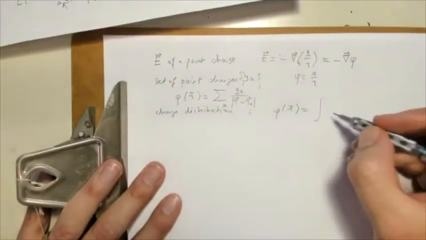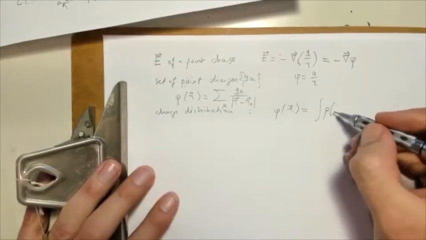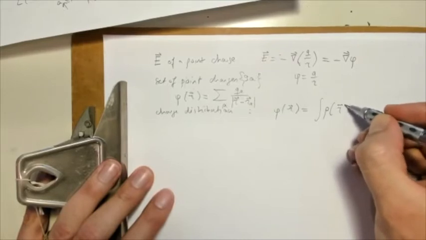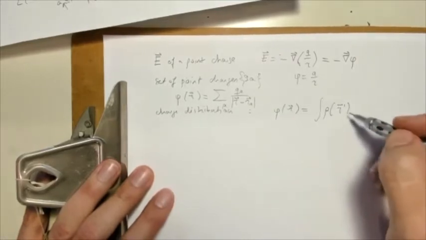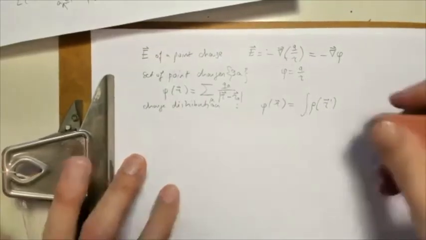We have now an integral over some charge distribution rho, but instead of summing over A, we're integrating over the position R prime.